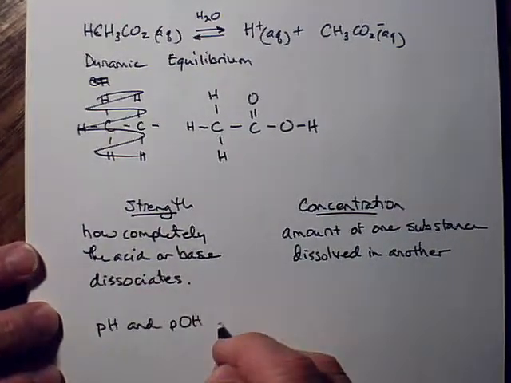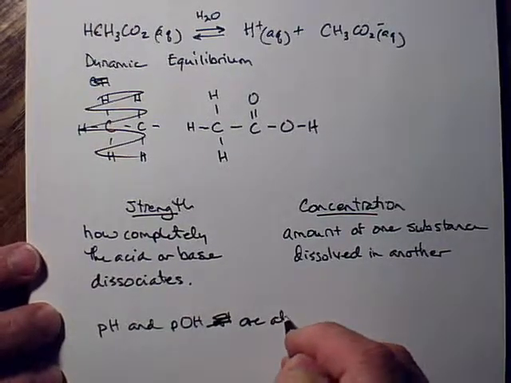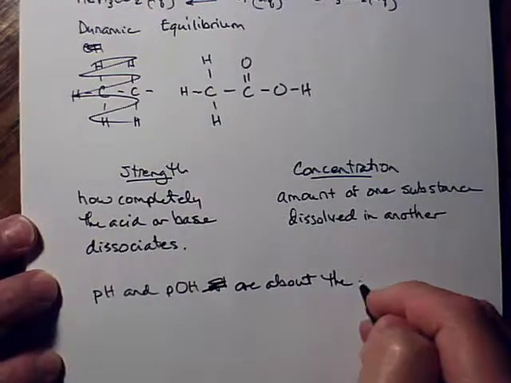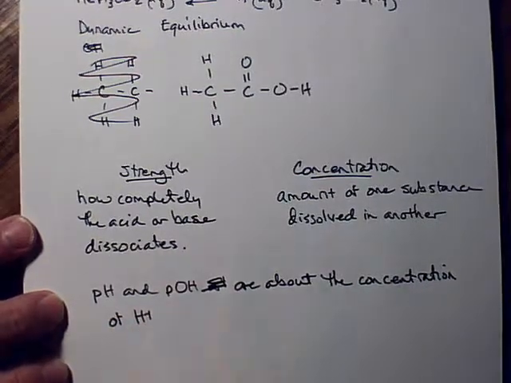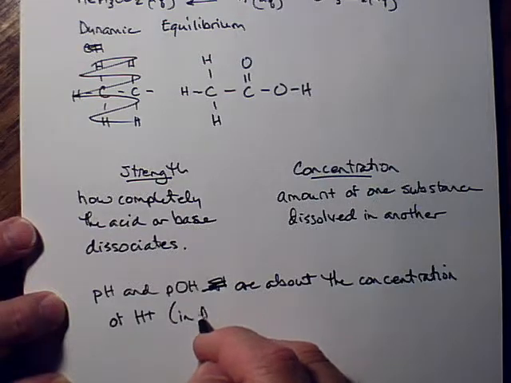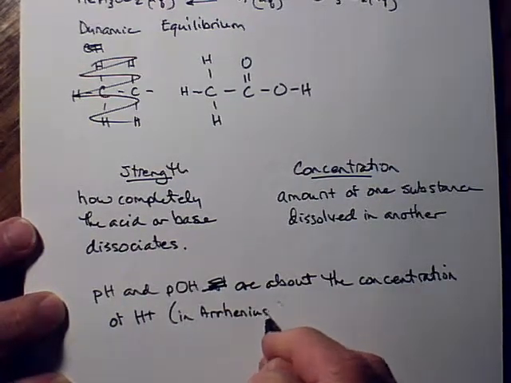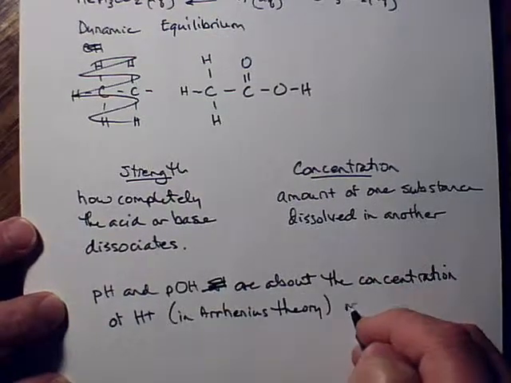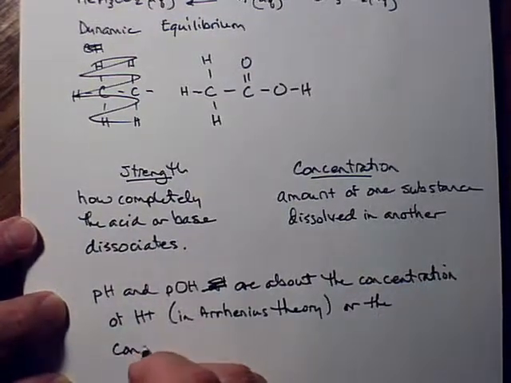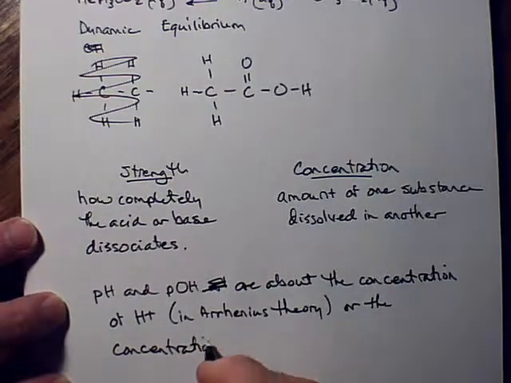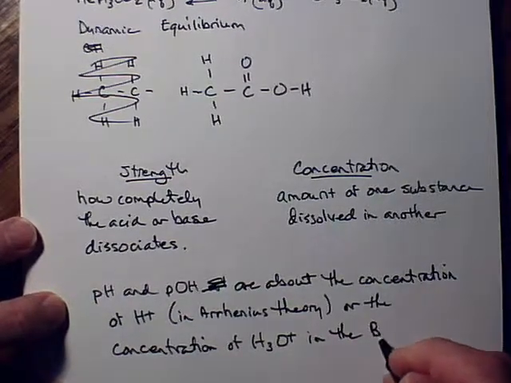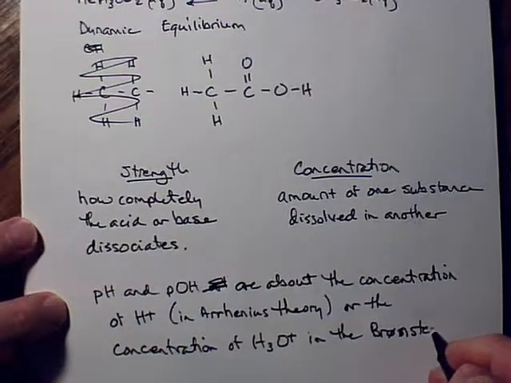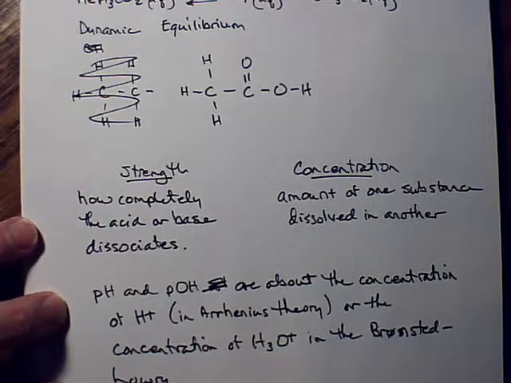pH and pOH are about the concentration of H plus in the Arrhenius system or theory, or the concentration of H3O plus in the Bronsted-Lowry theory.